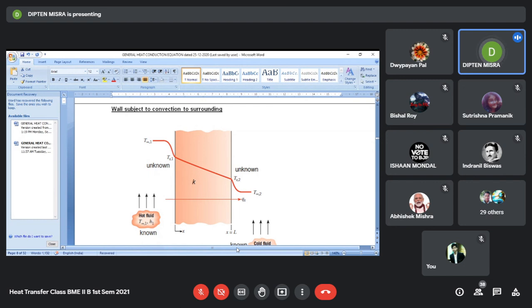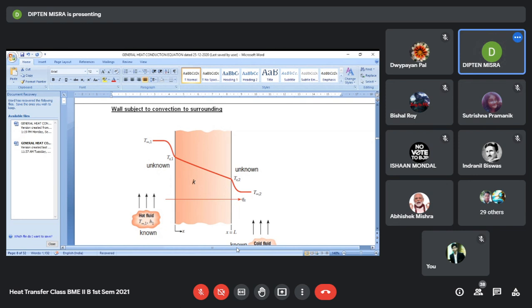The moment somebody finds it out, it becomes available to the entire scientific and engineering community. So it is available for those cases, and you can use those values. For cases where H values are not known, there only is the requirement for an engineer or an educated person. And that is why he will be recruited by an organization, so that he can give that knowledge to the organization, how to find out H.